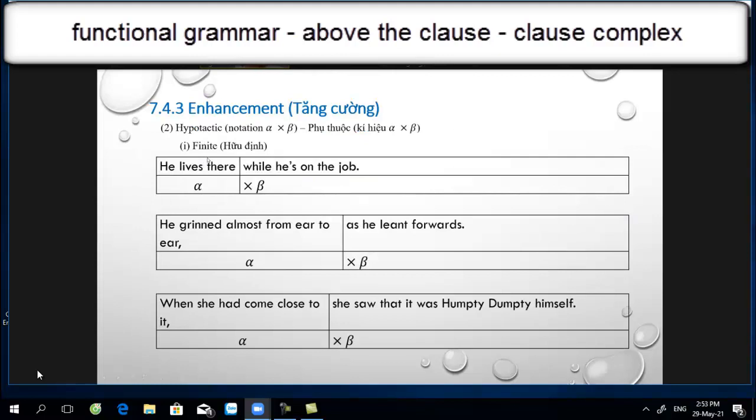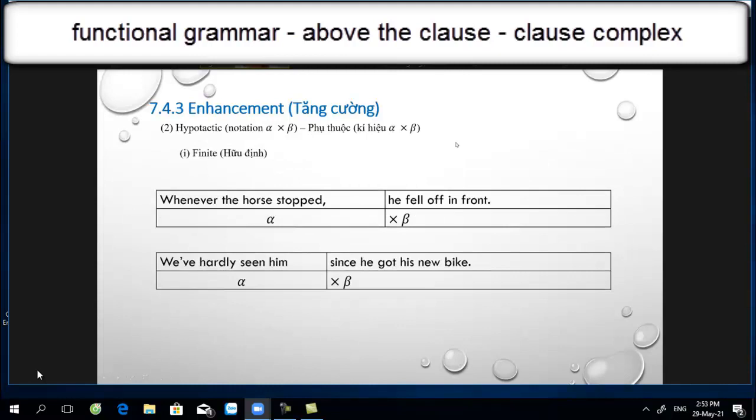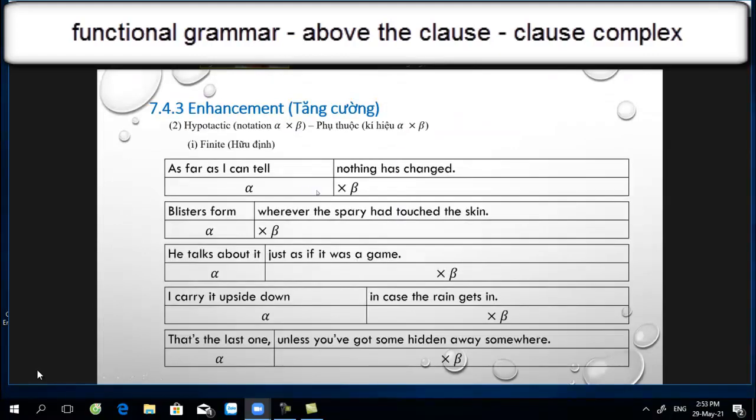Okay, and now some examples about the hypotactic. And I just remind you that we use the alpha, beta, and the multiply for some finite clauses here.